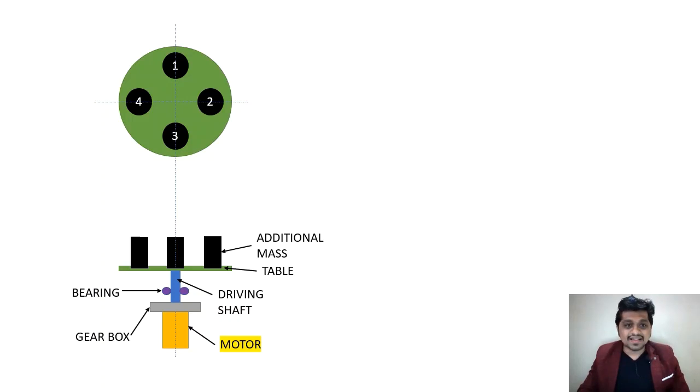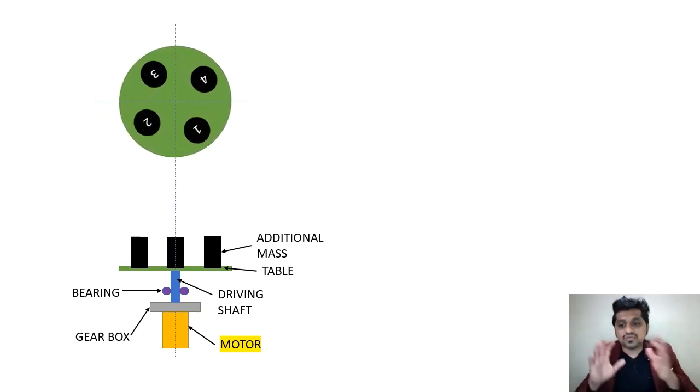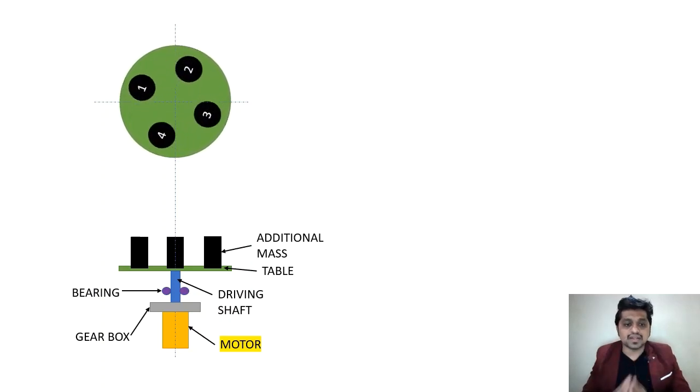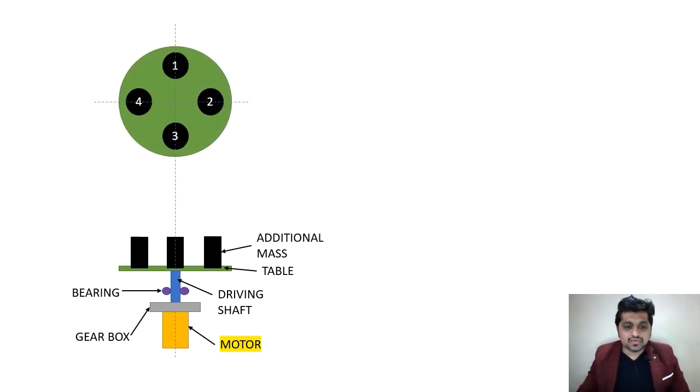So here is our application. We have a small indexer and four pieces are placed over here, and we want to rotate this table. So what do we have?